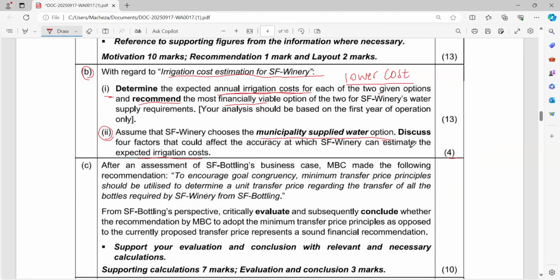The reason why understanding a topic is important is that the moment you read a question here, like minimum transfer price, if you understand minimum transfer price, there is no way you will not be able to answer this question, because you know how to calculate it. So you just apply your understanding of calculating the minimum transfer price.